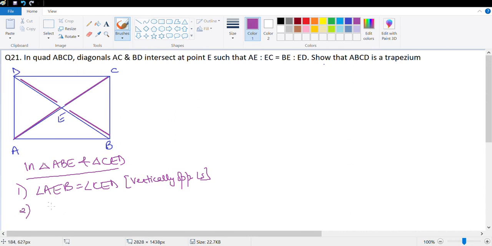What we know is AE upon CE is equal to BE upon DE. This is given.